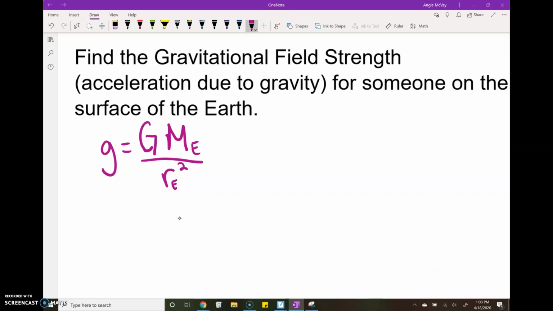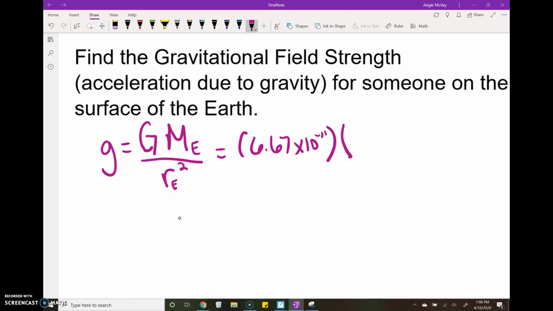And in the grand scheme of things, we are like a couple meters tall, maybe. 1 meter is not going to make a difference in this problem. So if we were to solve this, big G is 6.67 times 10 to the minus 11.